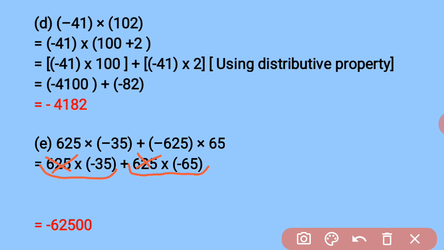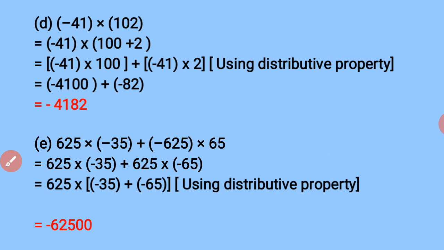So our next statement will be 625 out of the bracket and inside the bracket minus 35, in between the plus sign as it is, and the second tray gave you minus 65. Okay, with this let's proceed. And which property is it? Yes, it is the distributive property.